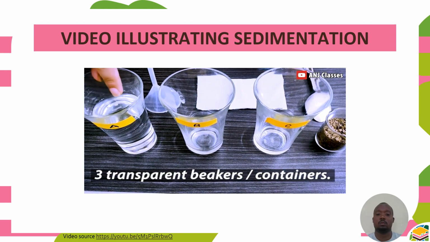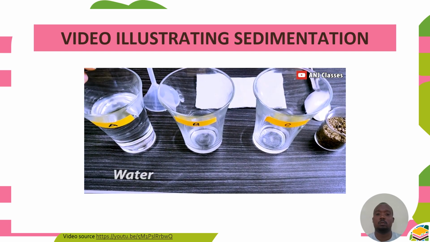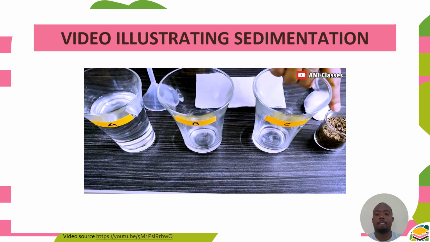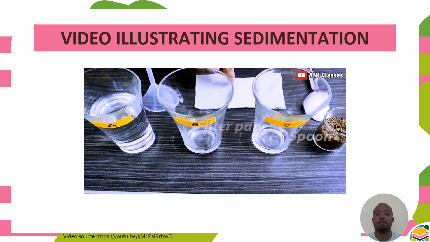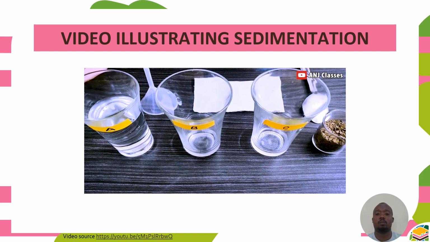The materials required for this activity are 3 transparent glasses. We will label them as A, B and C. Glass A, we will half fill with water. We need soil, a spoon, filter paper and a funnel. So, let's start this activity.